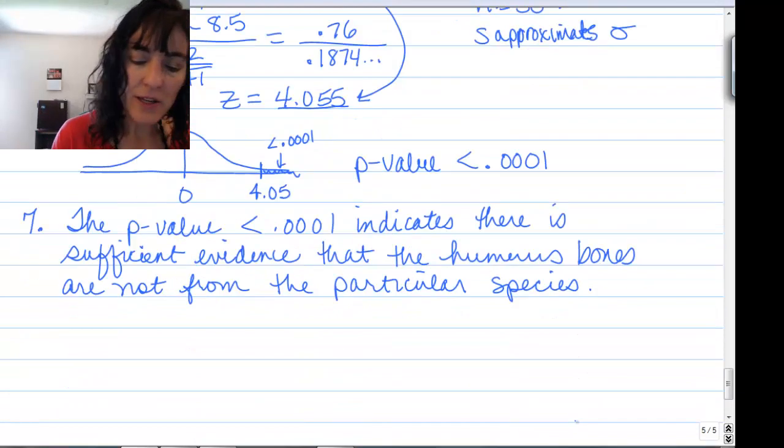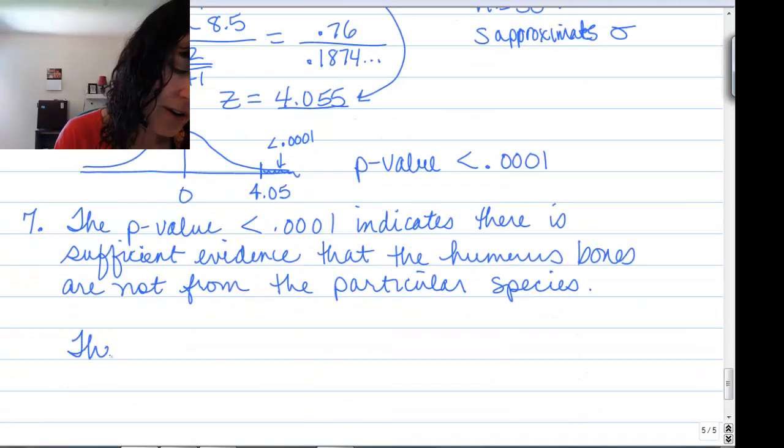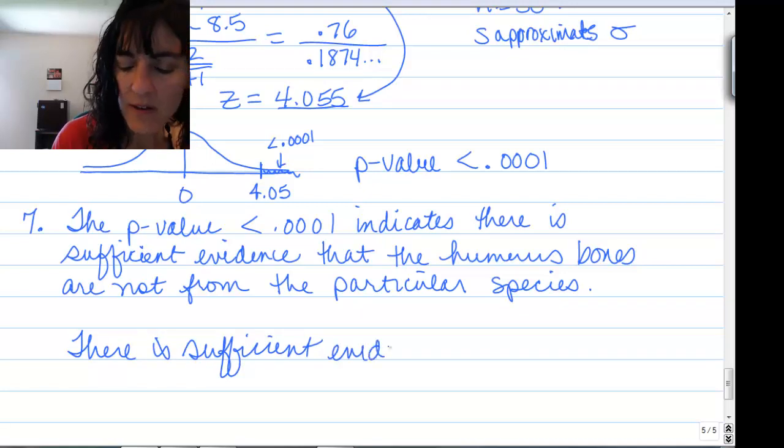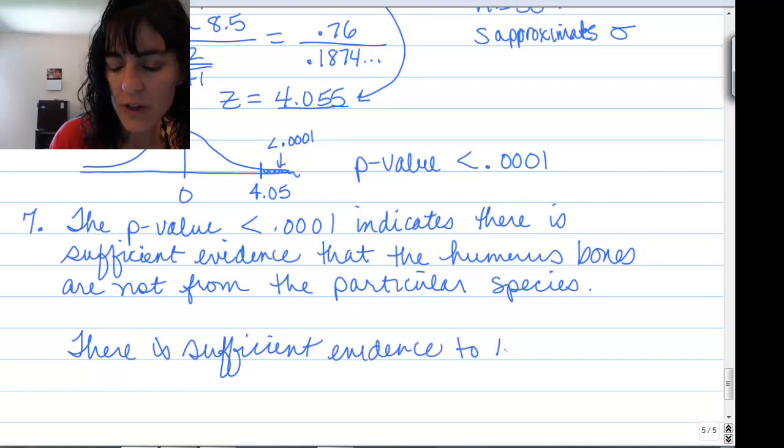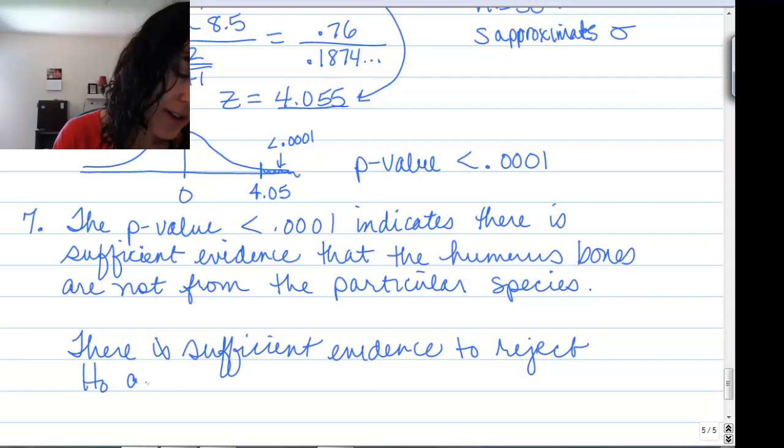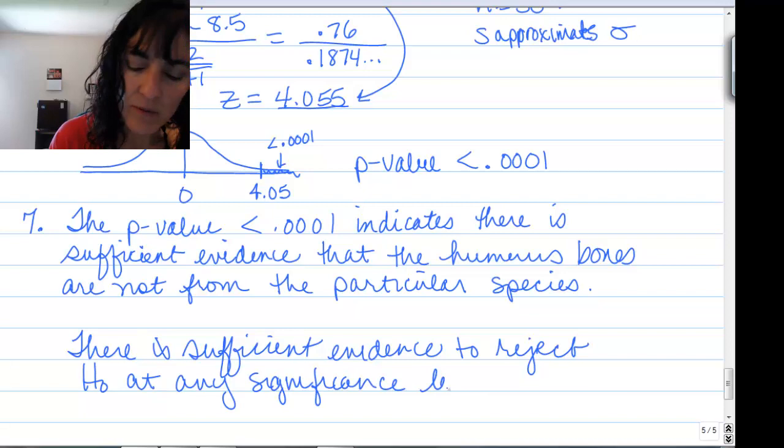Okay, and then you could say there is sufficient evidence to reject H0 at any significance level.